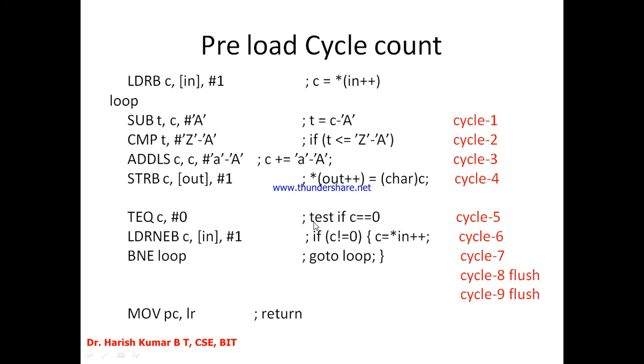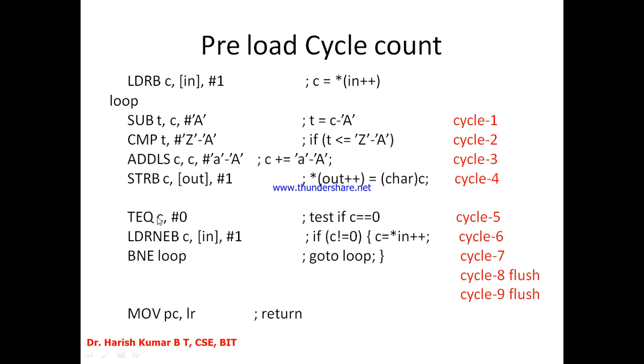Now if I count the clock cycles for this, this is not accounted right now because this is the statement which is written in order to preload the data required for the first iteration of this loop. Now here we will just count the clock cycles required by this inner loop. So this is one cycle, compare is 2 cycles, and this is the third cycle, STRB 4th cycle, and since this is a store byte, I have to check whether you require a stall here.